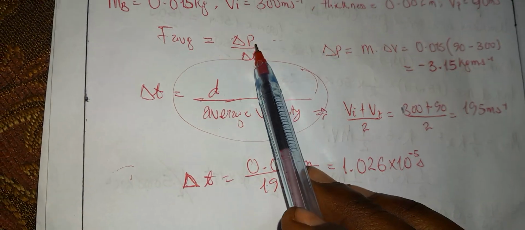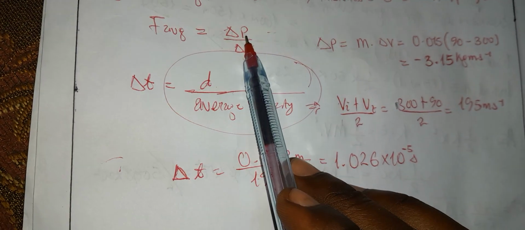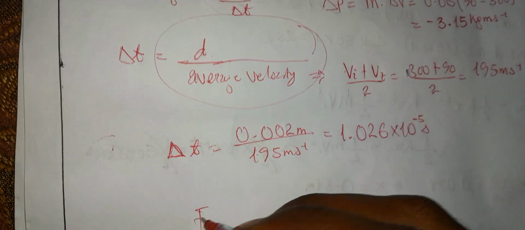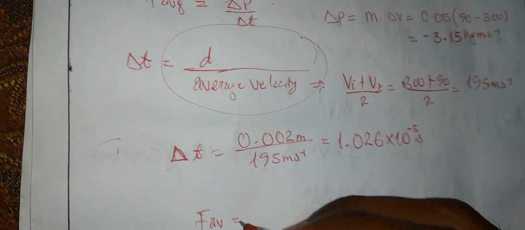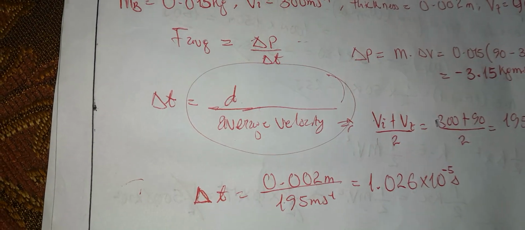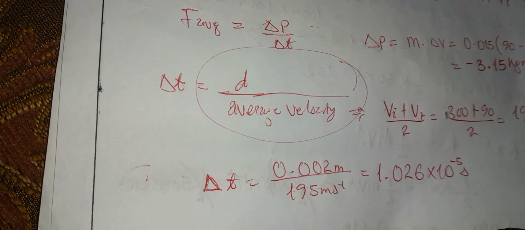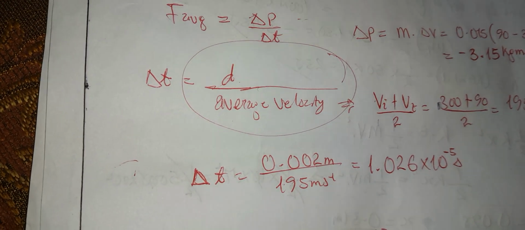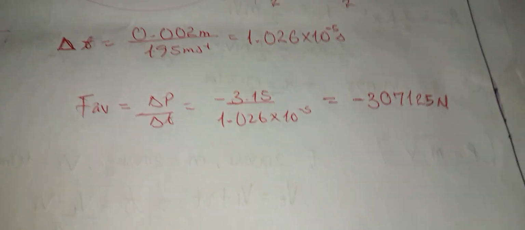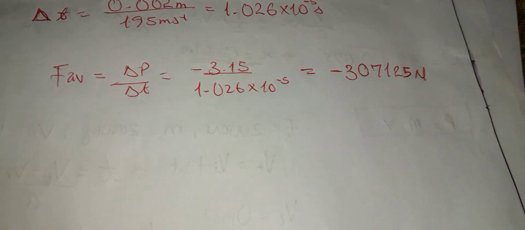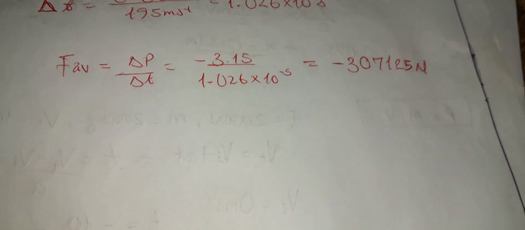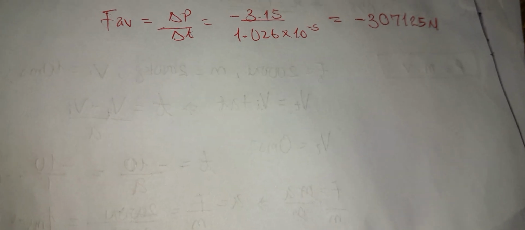We've gotten the change in momentum, so F average equals change in P over change in t, which is minus 3.15 over 1.026 times 10 raised to the minus 5. After calculating and simplifying it, we have minus 0.307125 Newton as the average force that impeded the motion of the bullets through the sheet.